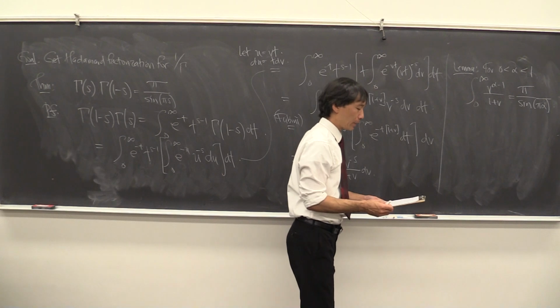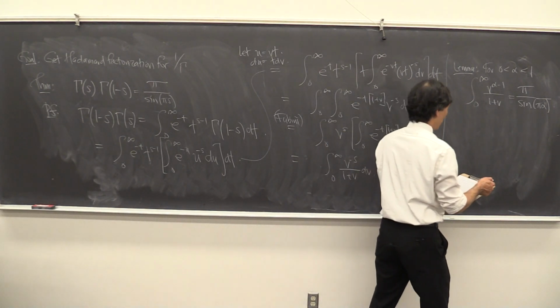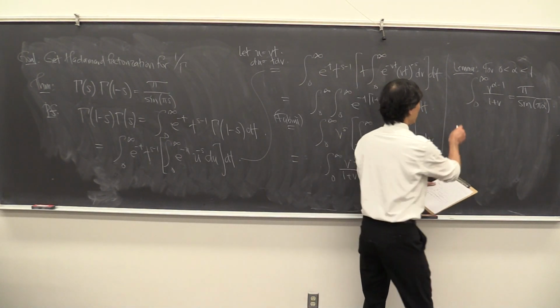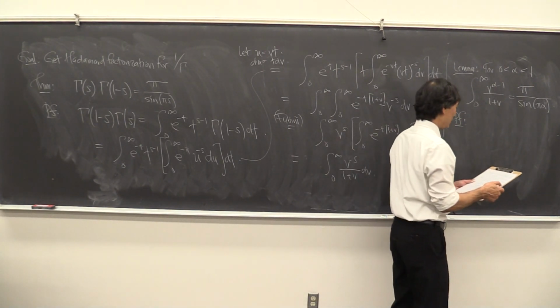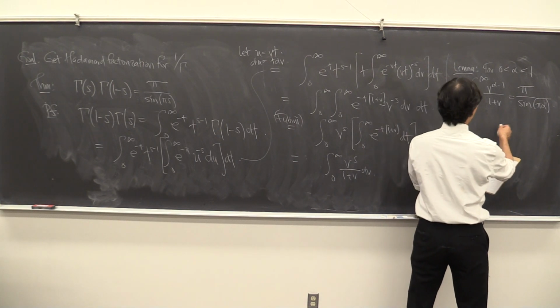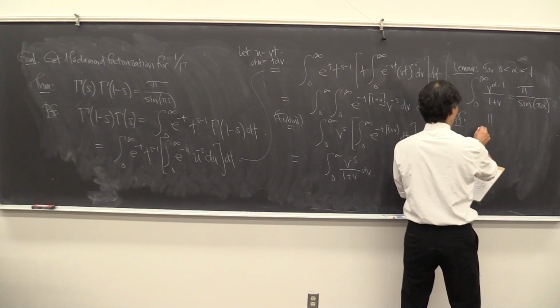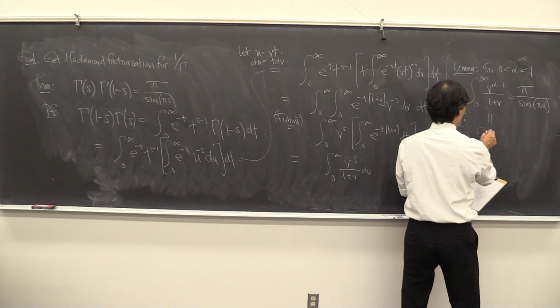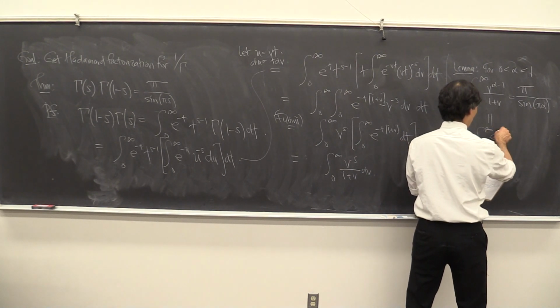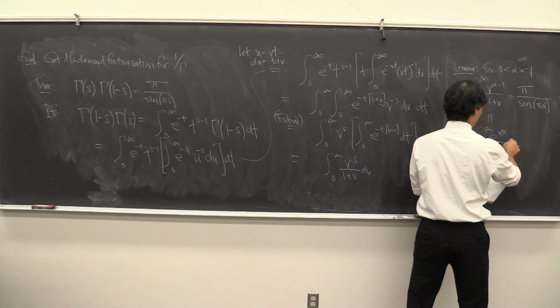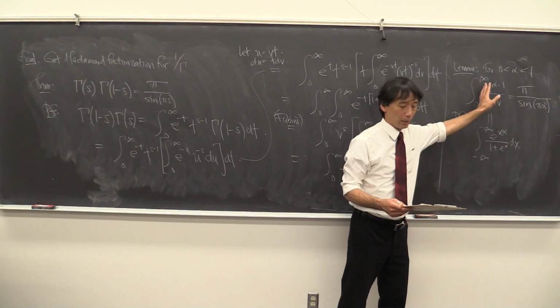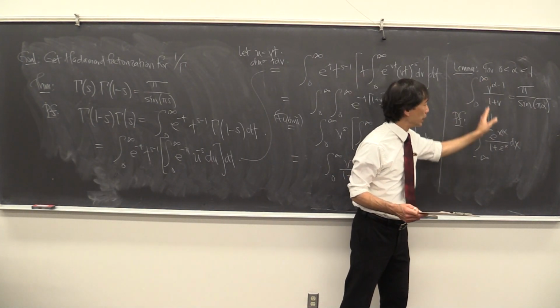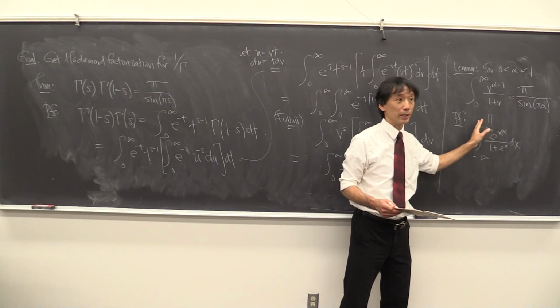I'm just wondering if I should do this or not. So basically what happens is that you get that this thing equals this integral, x to the alpha over e to the x, dx. Okay, so you do a change of variable, and then it gets to this.